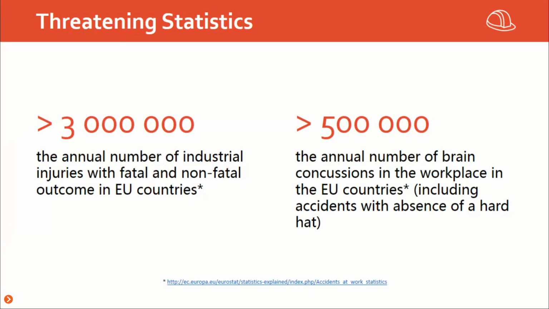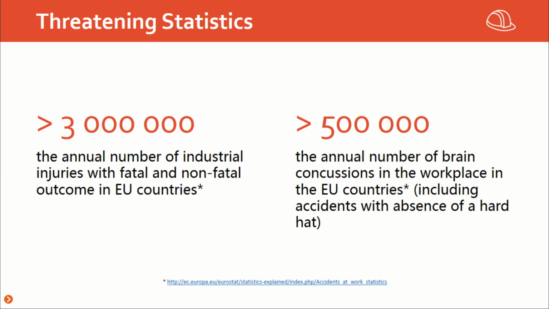Just a few statistics about the injuries that are happening. There are some 3 million injuries happening in EU countries while dealing with work which can cause fatal error or injury to any being.